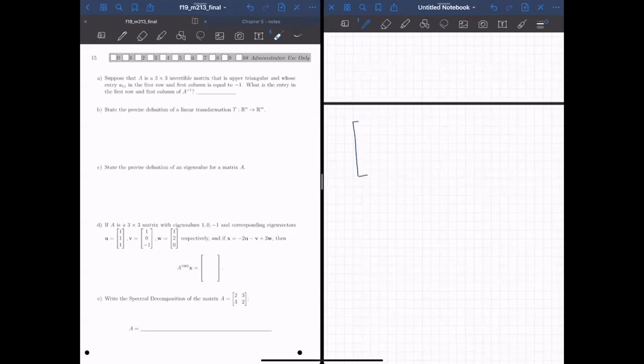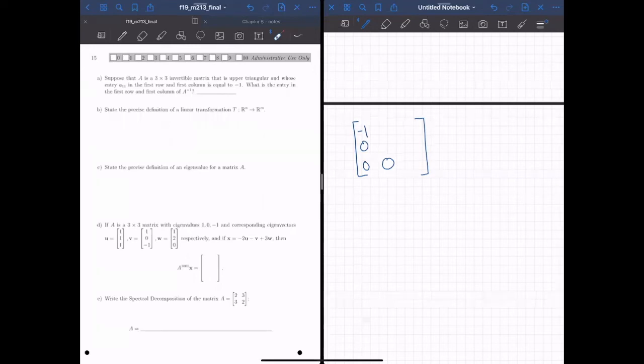It's a 3x3 invertible matrix. It's upper triangular, so let's just write down what we know. This is kind of a hard one to parse. So it's an upper triangular matrix. The entry A11 in the first row and first column is equal to -1. The upper triangular part tells me I have zeros below the diagonal. Then it tells me what goes in the first row and first column.